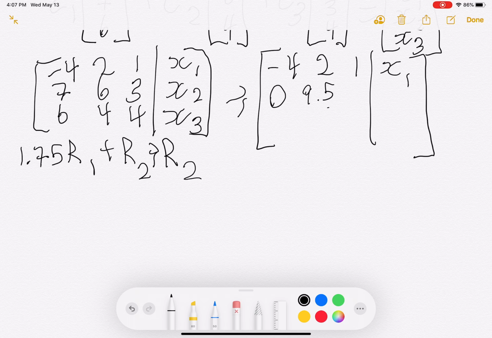And then, okay, so that's going to make it easy on us. 1.75 plus 3 is just 4.75, just like so. 1.75 times x1 plus x2. So there we go, that's our first row done.